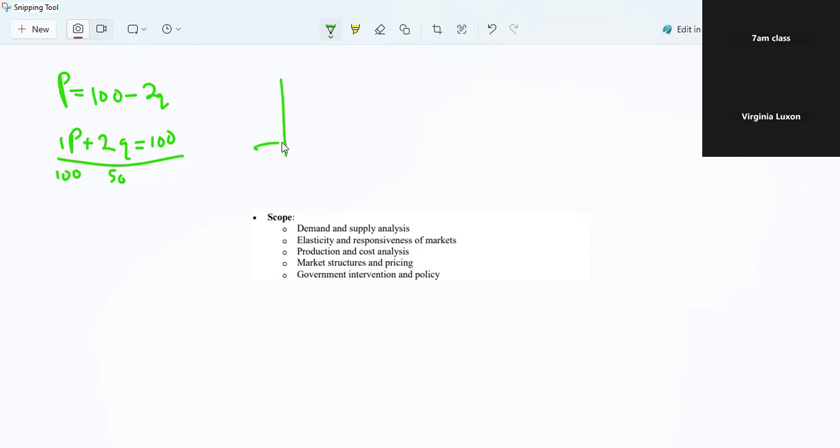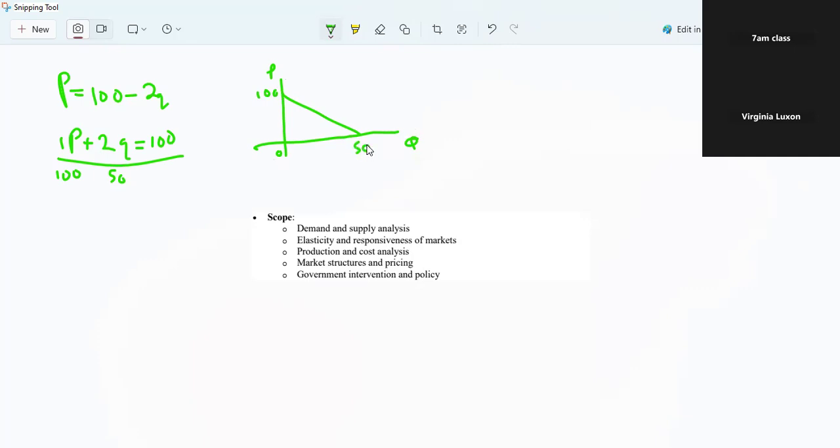We can sketch on this X or Y plane, or since in this case we're using P and Q, the P-Q plane. Where is it cutting the P-axis? At 100. We know that demand is downsloping, so here it will cut at 100. Then on the Q axis it will cut at 50.